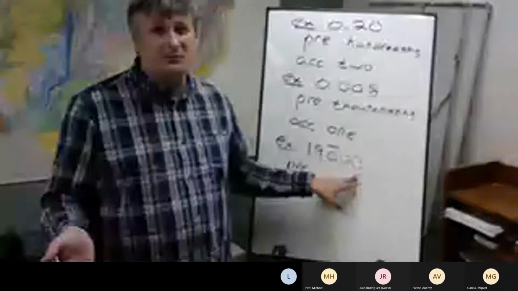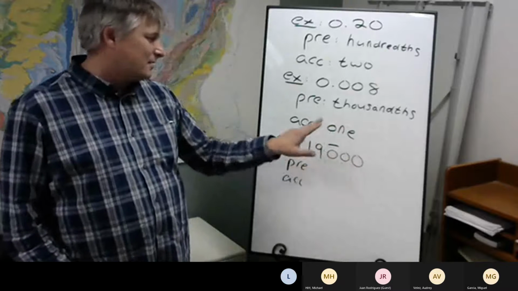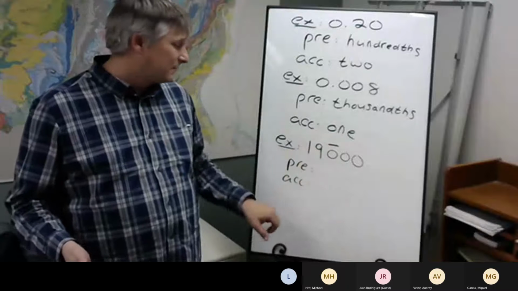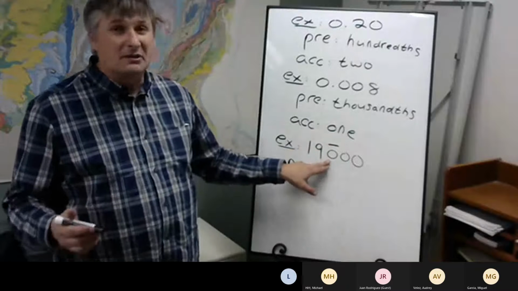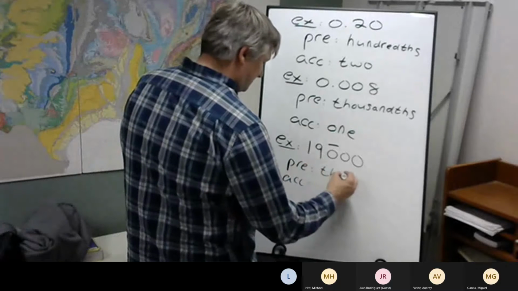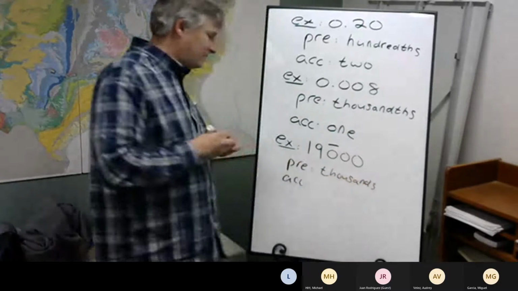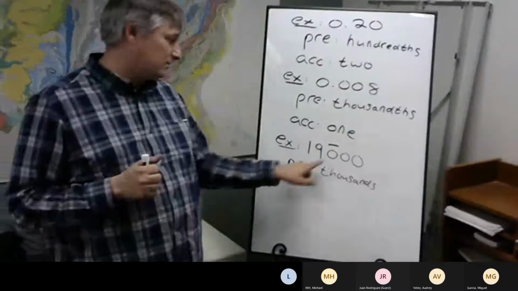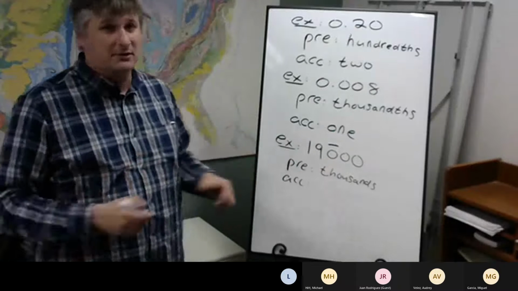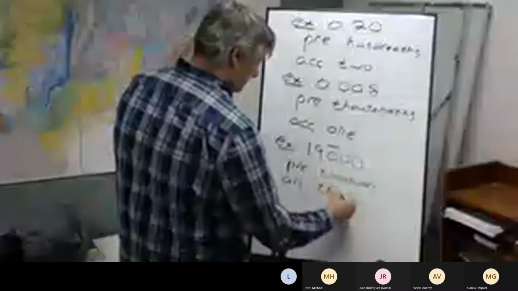So zeros on the right of a whole number aren't significant. Not significant, not significant. This one, though, usually wouldn't be significant, but it's got a bar over it. So this is in the thousands. So the precision is the thousands. And then for accuracy, well, it's got a bar, so it's significant. Non-zero, very significant. So this is going to be 3.